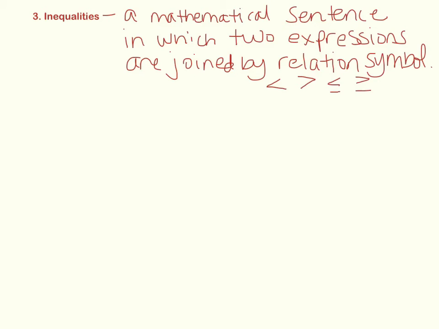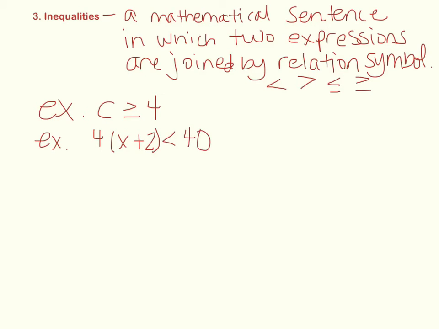So, an easy example, we have c greater than or equal to 4. Expressions joined by an inequality symbol here. So when we work with inequalities, we are also going to solve them, just like we solved an equation, but we just have a different symbol. So 4 times the quantity x plus 2 in this example is less than 40.